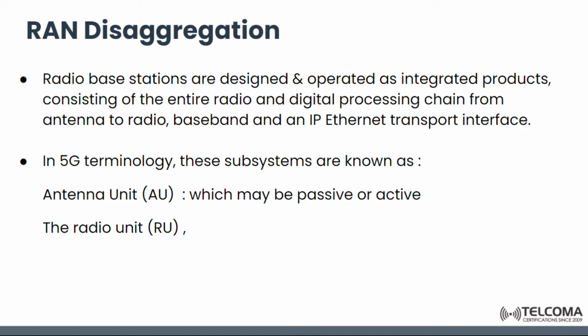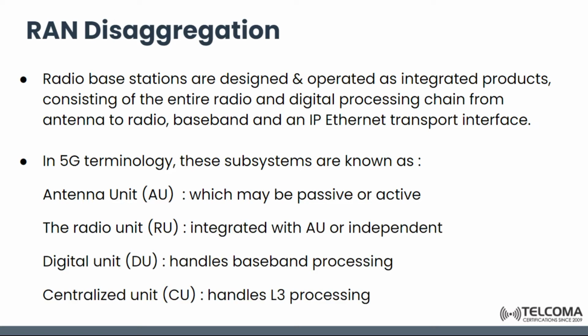In 5G terminology, these subsystems are known as the antenna unit, AU, passive or active, and the radio unit, RU. There is also the DU, the digital unit, which handles the baseband processing.